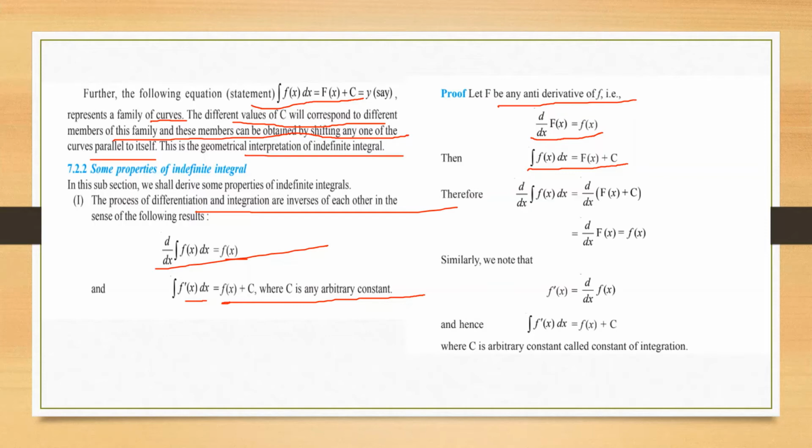You can separate it: d/dx of F(x), and d/dx of c will be 0. And d/dx of F(x) is given as f(x). Similarly we note that f'(x) is d/dx of f(x), and therefore integral of f'(x) dx is equal to f(x) plus c, where c is some arbitrary constant of integration.